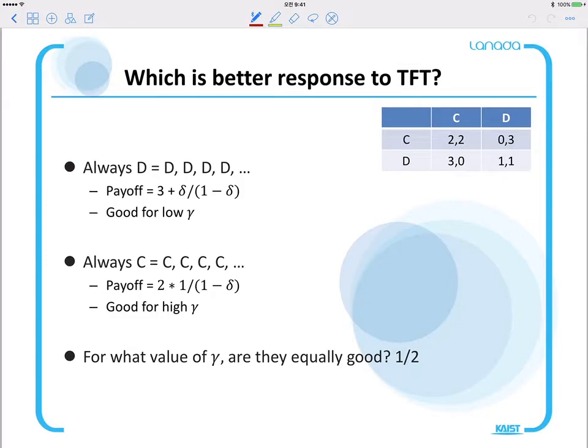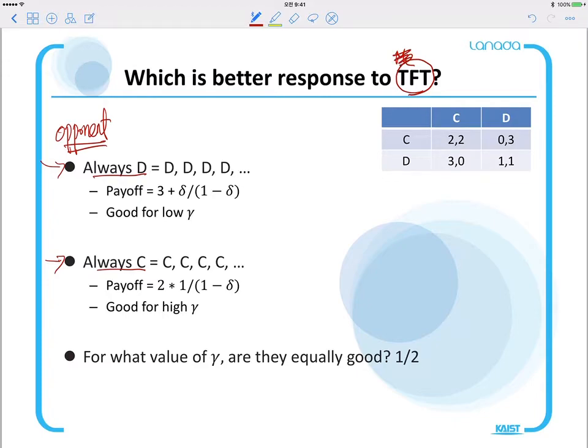Now let me ask another question. Suppose that I'm playing T4-10 and my opponent's strategy is always D or always C. I'm going to determine which is the better response to T4-10 for me.